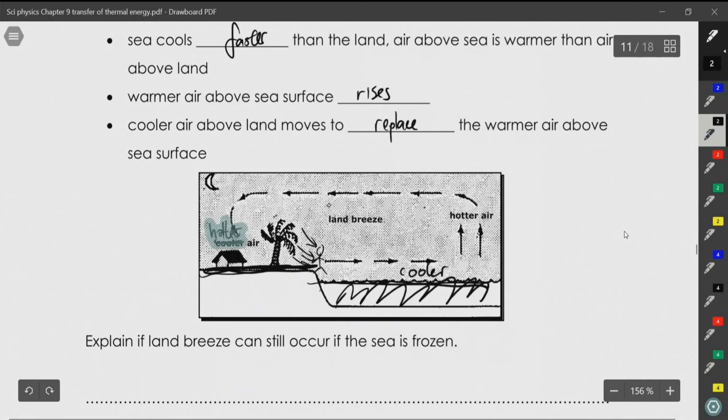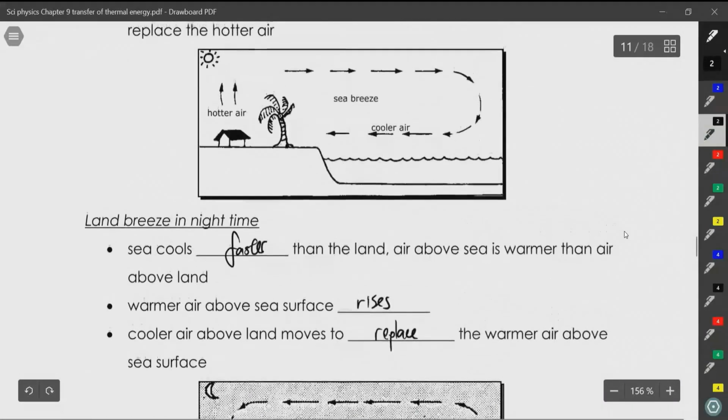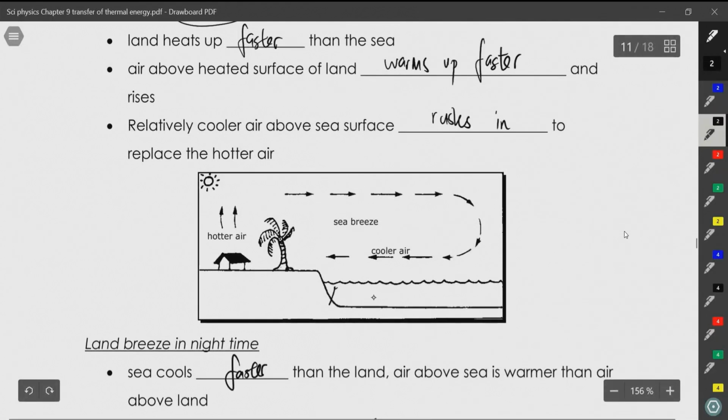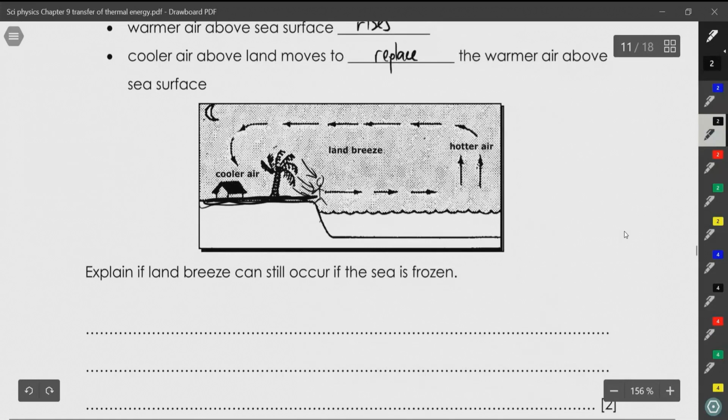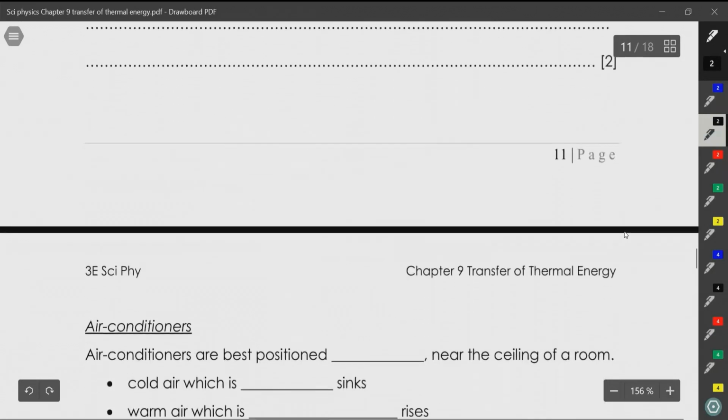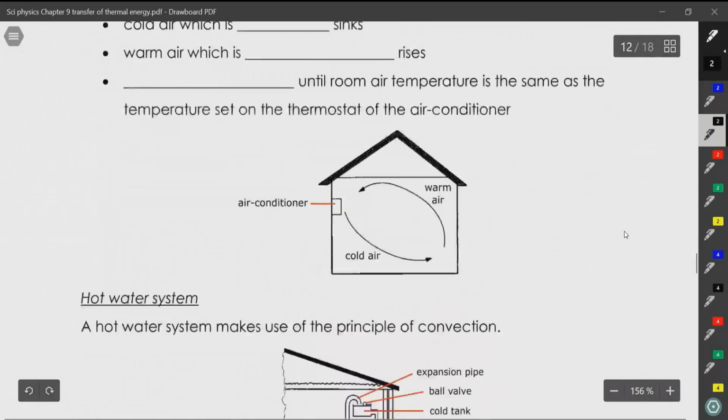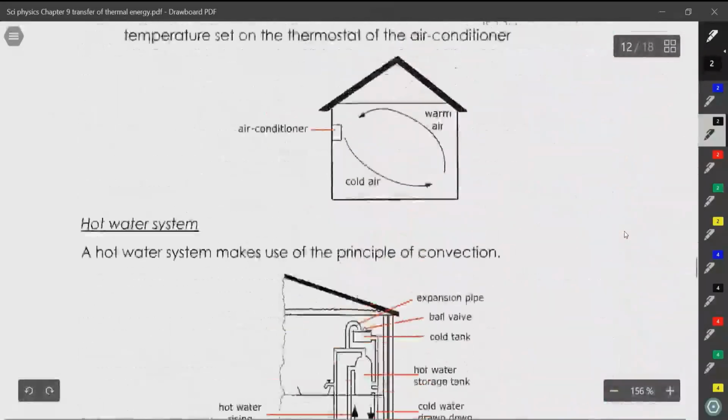So if your lake is frozen, what you get is actually sea breeze. The breeze can still happen, but this will be sea breeze instead of land breeze.